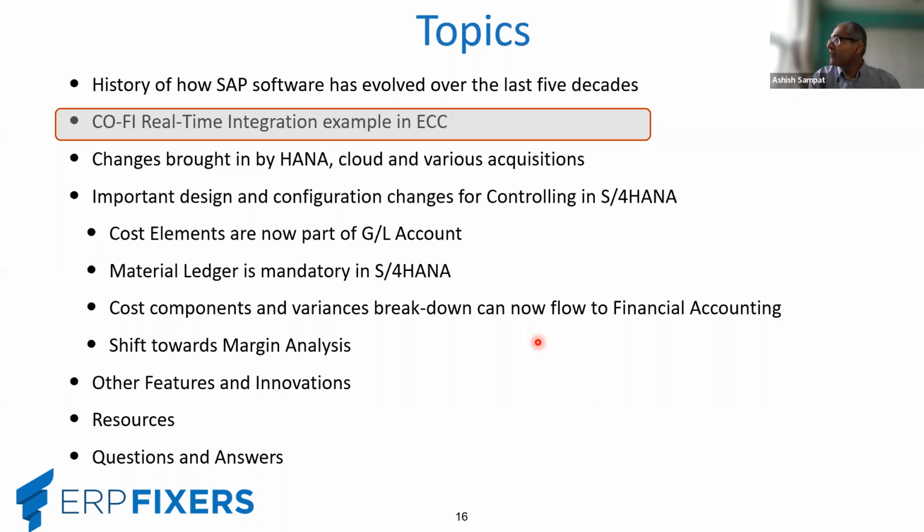What that transaction does is find out what movements or postings have been done purely in controlling and then write them to financial accounting. Why? Because you want to keep both of them in sync. But again, this is not done in real time. That's when the new general ledger introduced the CO-FI real-time integration.